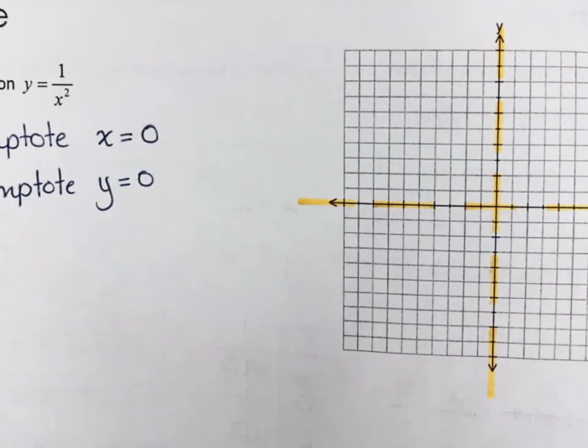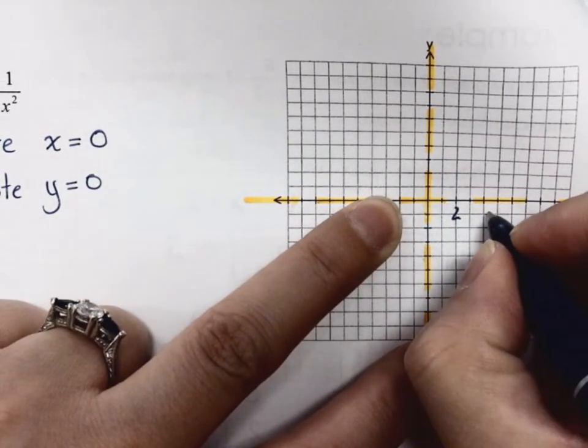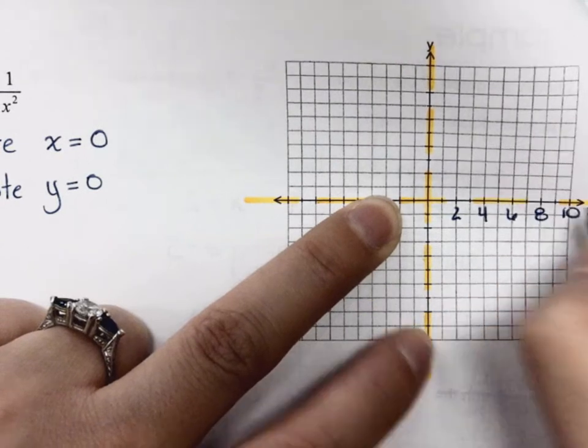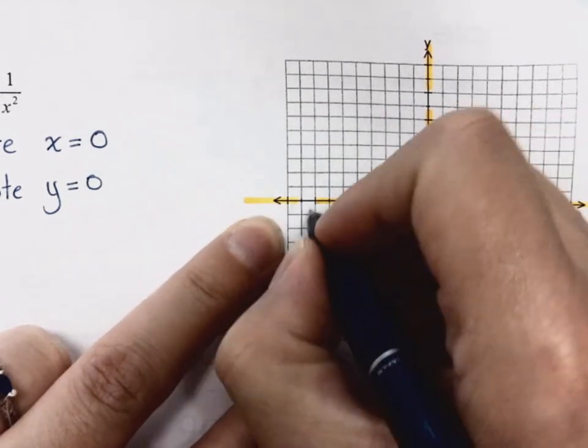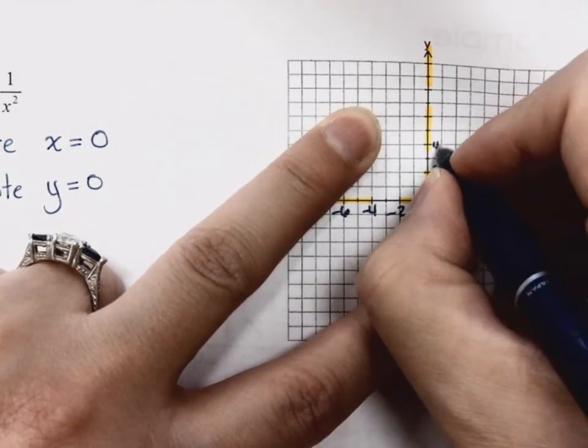So what are we going to do from here? We need some increments on there. Since I'm a creature of habit, I'm just going to keep going with what I had.